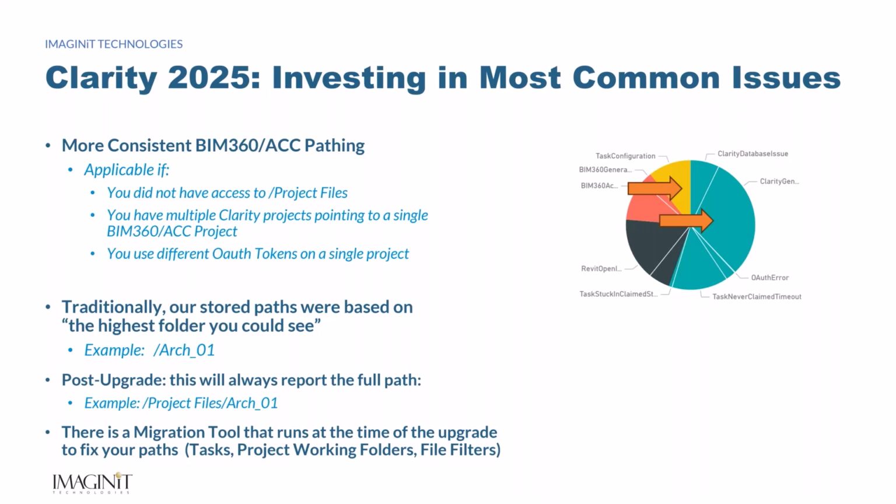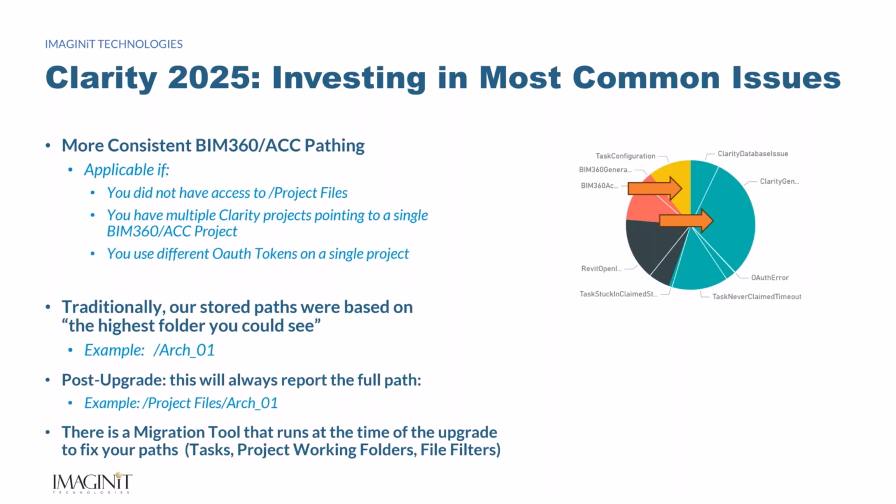And so now that we can do that, our goal is to make it so that we always report the full path, even if you don't have access to that top level path. So in order to do this, there is, during the Clarity install and upgrade process, an option to run what we call the Clarity Path Migration tool.